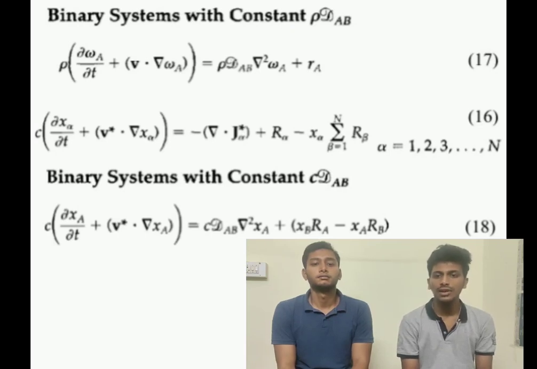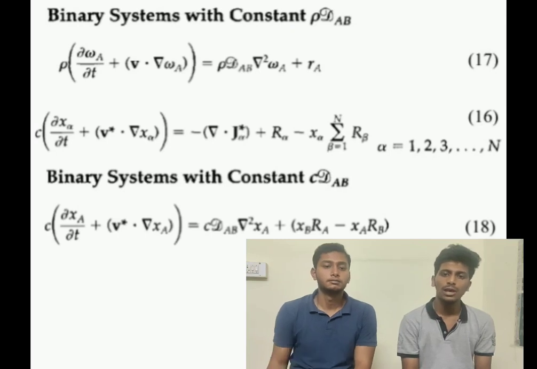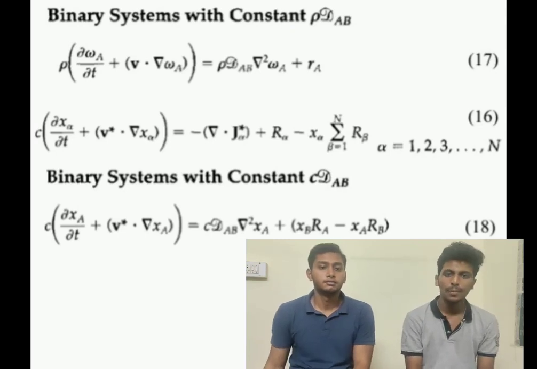It's the scaling factor here because we are dealing with the mole fraction. ∂x_A by ∂t is the local unsteady state change of mole fraction over a period of time, and v star dot ∇ x_A is the convective transport, how species A is carried along by the molar average velocity field.